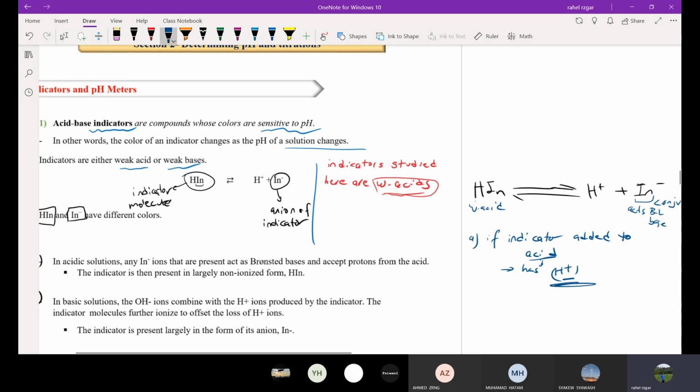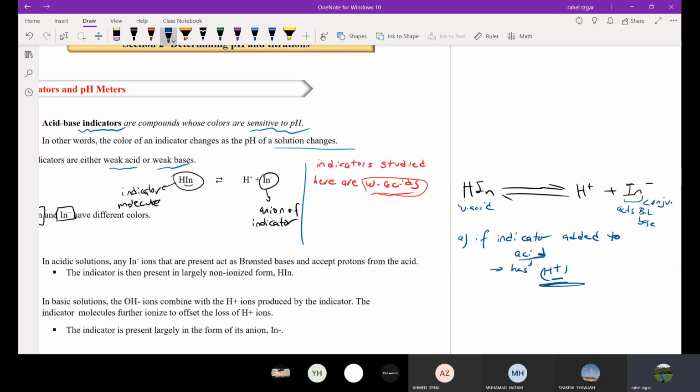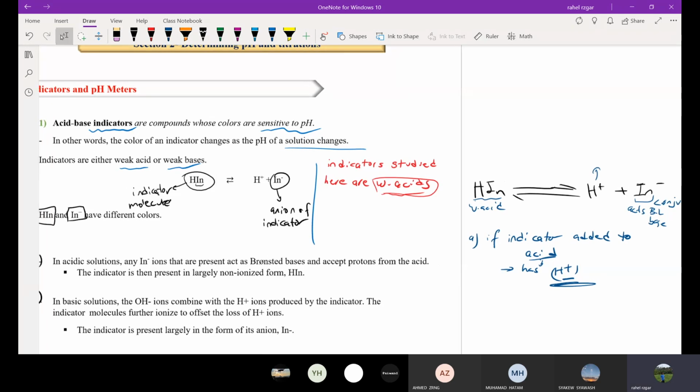If IN accepts hydrogen again, if the concentration of H is increased, so IN has to take some H back, has to accept some H again. If IN accepts H again, it will become what? It will become HIN. So what would be the direction of this shift?